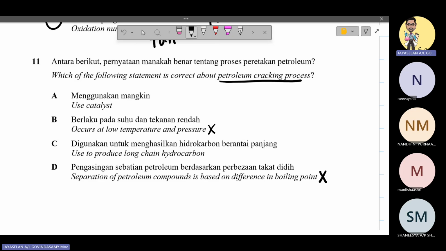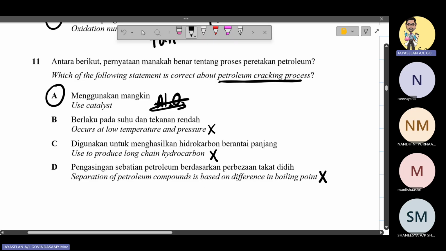Used to produce long chain cannot. Catalytic cracking uses a catalyst. What is the name of the catalyst? Aluminium oxide. The name of the catalyst, no need to memorize. Don't memorize aluminium oxide, zinc oxide, all that. Just remember it uses a catalyst.